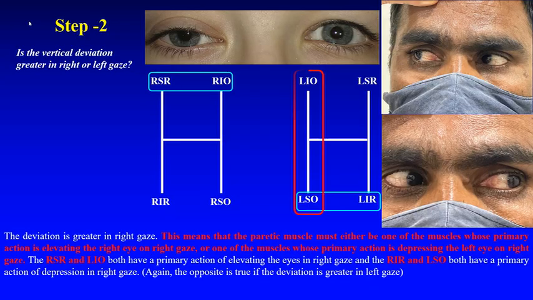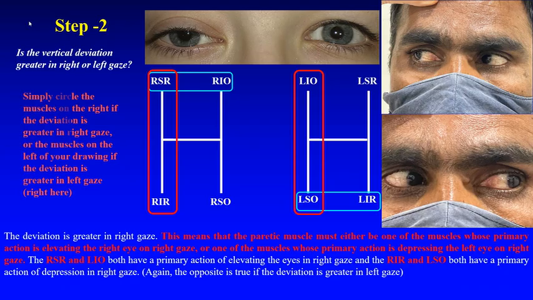Because the deviation is greater in the right gaze, this implies that the paretic muscle must be either one of the muscles whose primary action is elevating the right eye on the right gaze, or one of the muscles whose primary action is depressing the left eye on right gaze. The right superior oblique and left inferior oblique both have a primary action of elevating the eye in the right gaze, and the right inferior rectus and left superior oblique both have a primary action of depression in the right gaze.